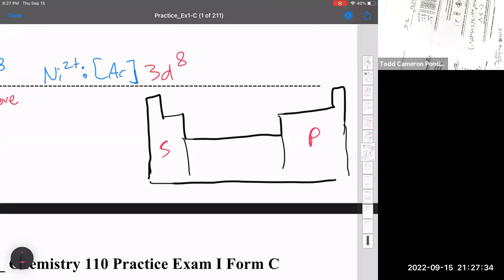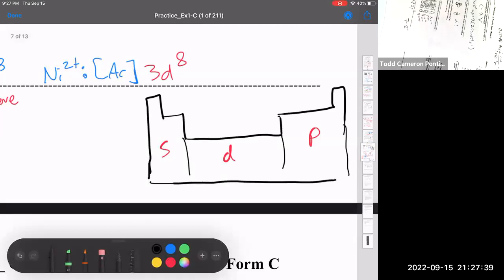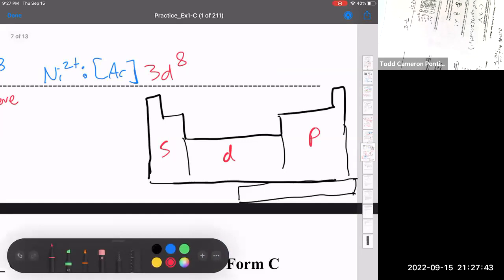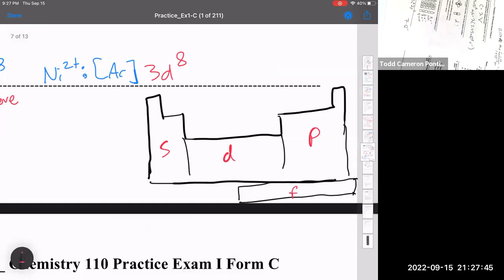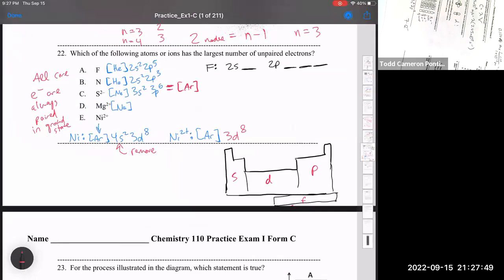It's got the P zone here, it's got the D zone here, and then the F block is usually not included on the actual table, just because it stretches it out. But to remember the number of electrons that fit in each subshell, what you can always do is just count how many columns wide each block is.